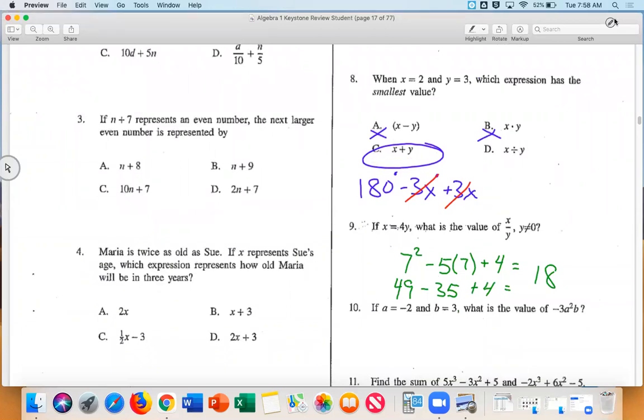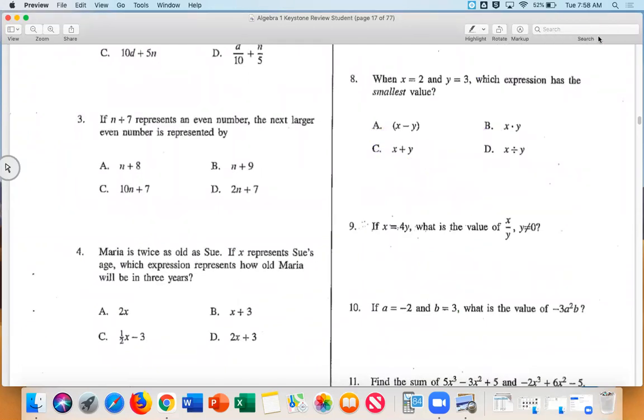Emma, can you help me out with number 8? Yeah. Emma, it says when x is 2 minus 3, which expression has the smallest value? What am I going to do there? You just plug in. We're just going to plug it in.